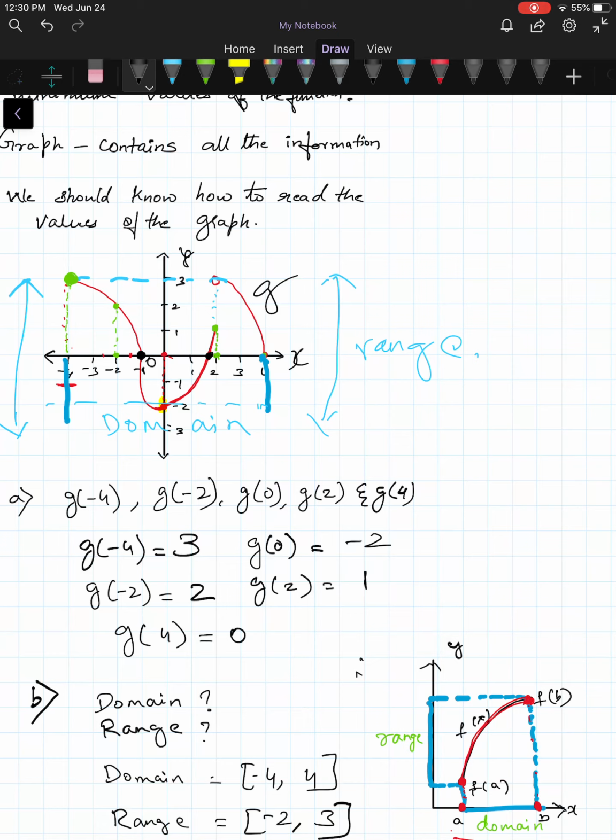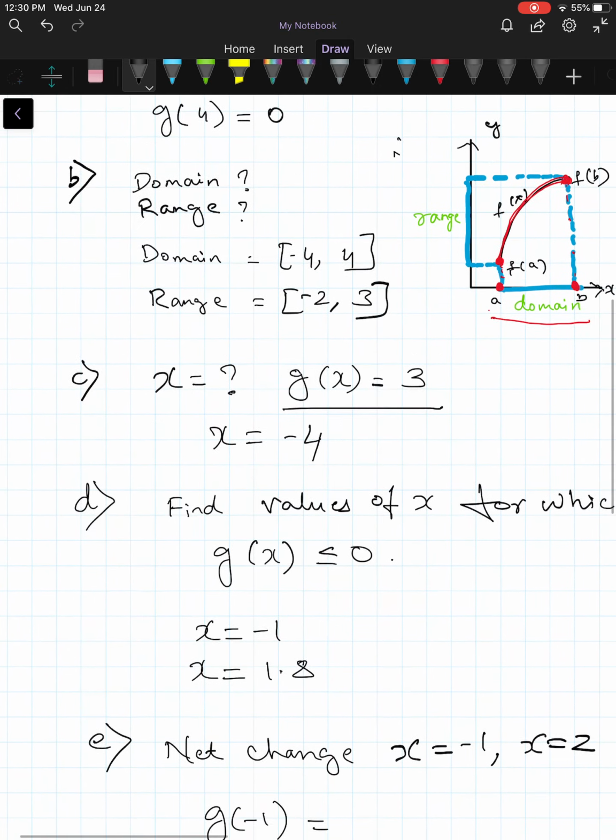Where is y less than 0? It will be in the third and fourth quadrants. The corresponding x will be in between -1 and 1.8.